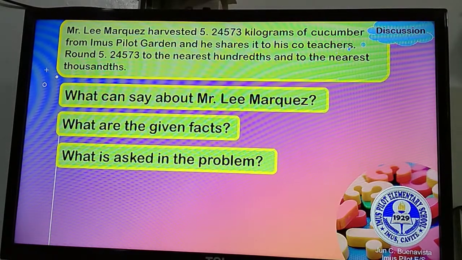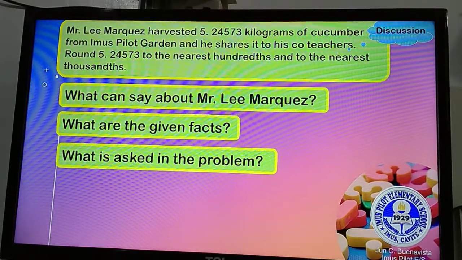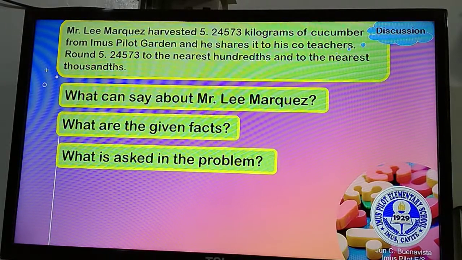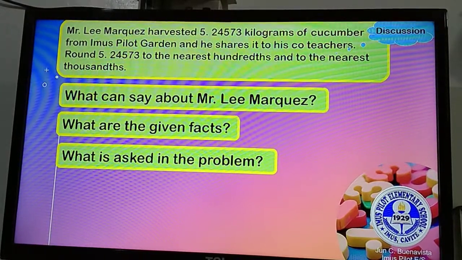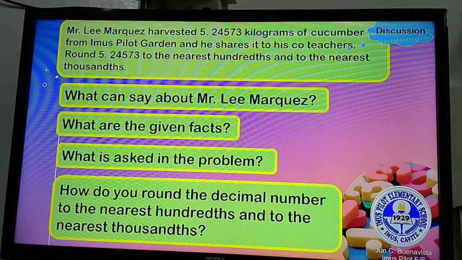What is asked in the problem? The problem asks that you're going to round the given number to the nearest hundreds and to the nearest thousands. Then how do you round off a decimal number to the nearest hundreds and to the nearest thousands?